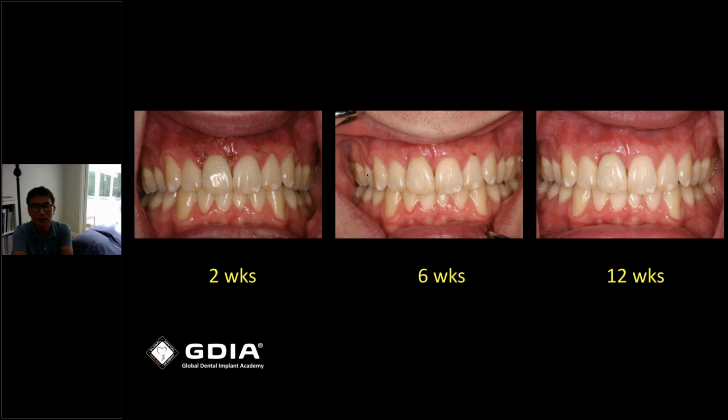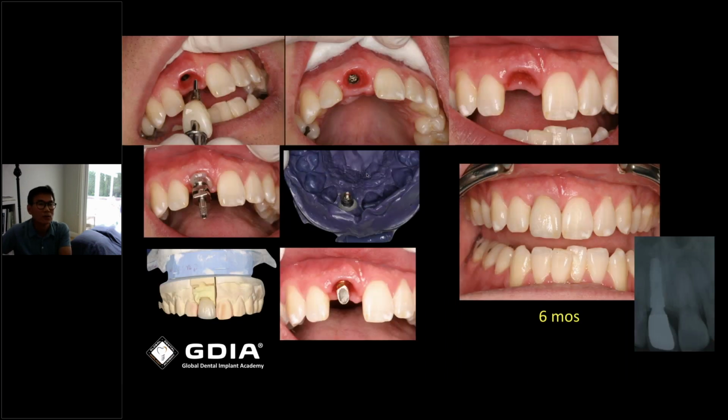And then this is 2 weeks, 6 weeks and 12 weeks. After that, the tissue is healed, with no sign of inflammation or infection. At that time, sometimes I did the prosthetics myself in this case, with the custom abutment made like the implant.